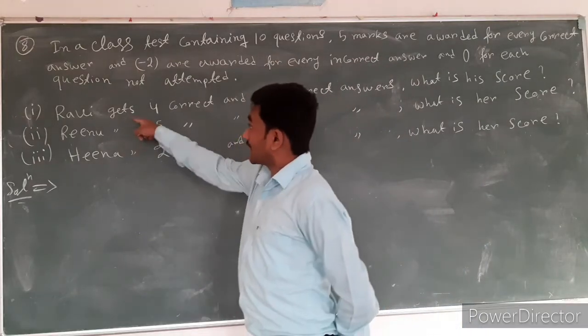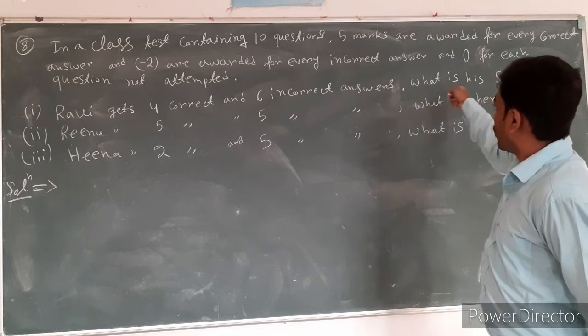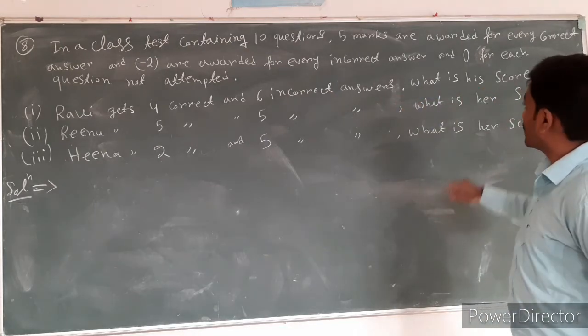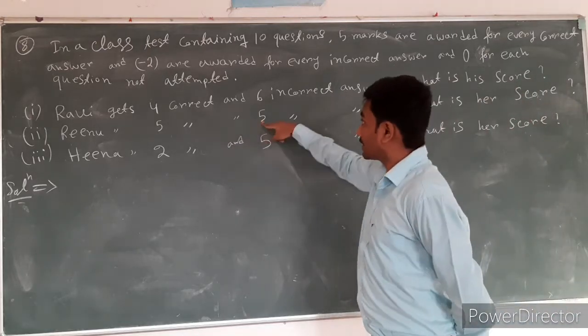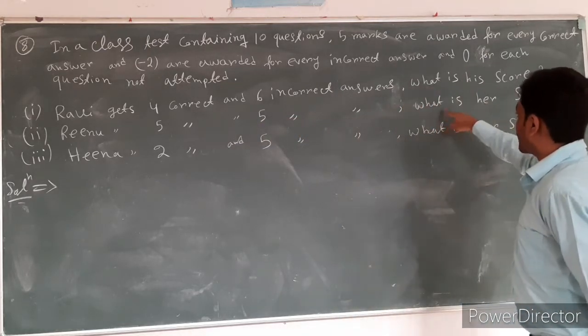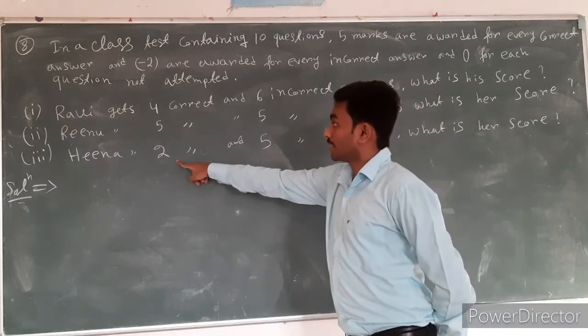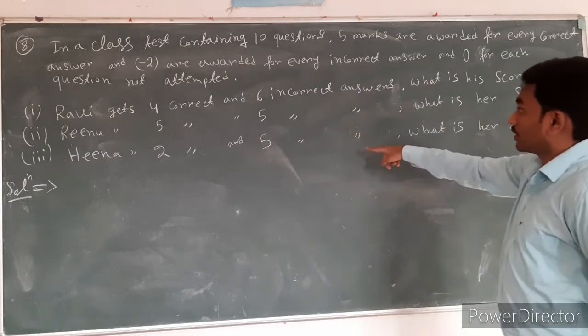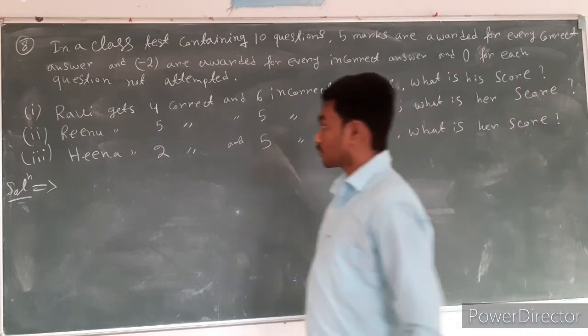Rohit gets 4 correct and 6 incorrect answers. What will be his score? Renu gets 5 correct and 6 incorrect answers. What is her score? And Hena gets 2 correct and 5 incorrect answers. What is her score?